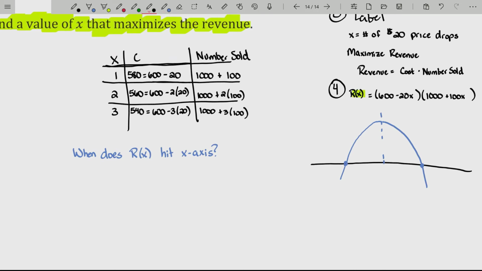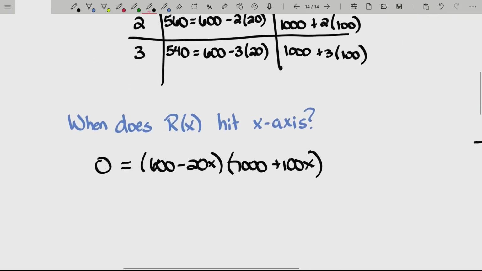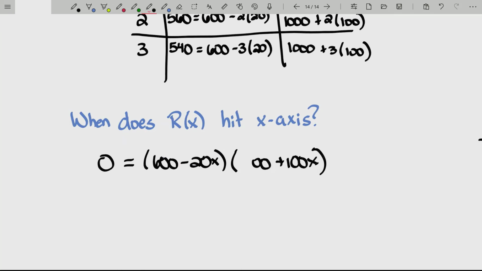Well, it hits the x-axis when 0 is equal to, in other words, the output, the revenue, is equal to 600 minus 20x times 1,000 plus 100x. Solving this is actually fairly simple because it's already pre-factored.